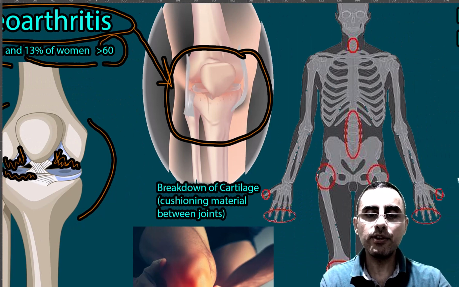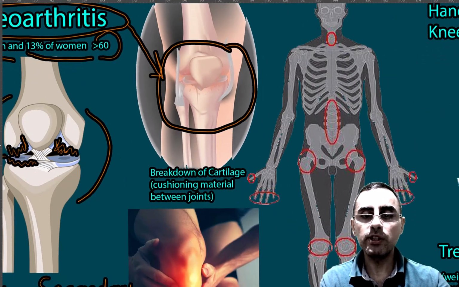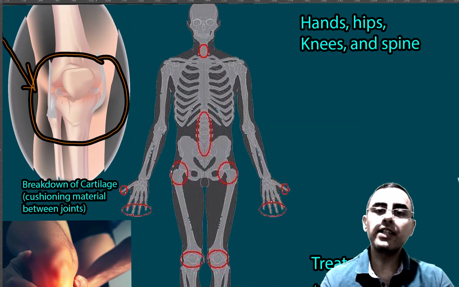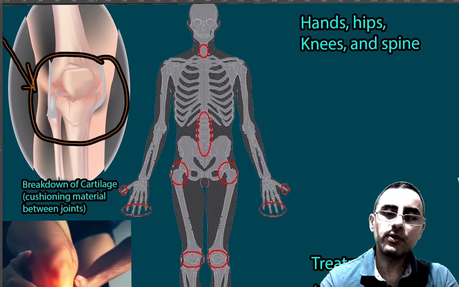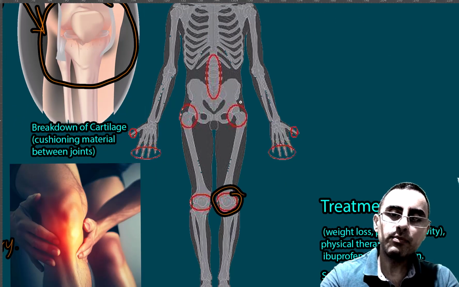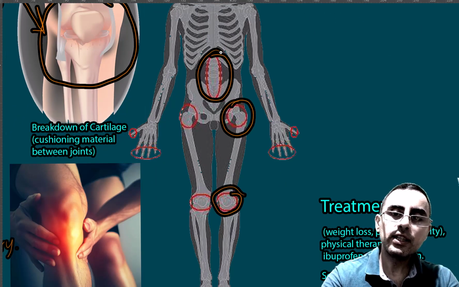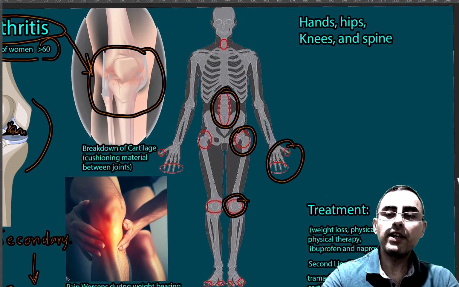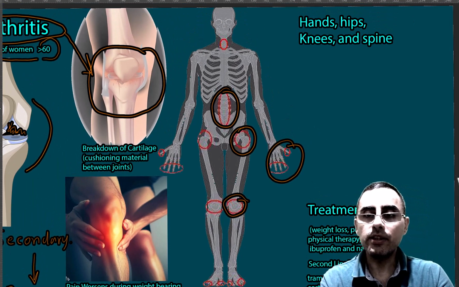It's chronic process and develops slowly over years. Most commonly affected parts of osteoarthritis is knees, hips, spine, and hands. Usually it affects major and large joints.